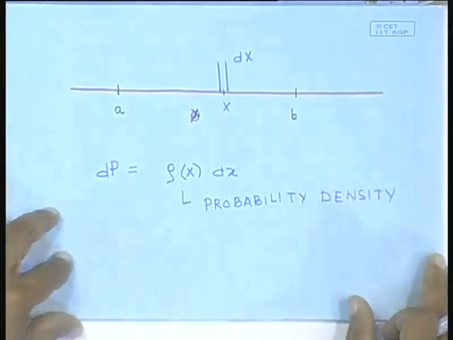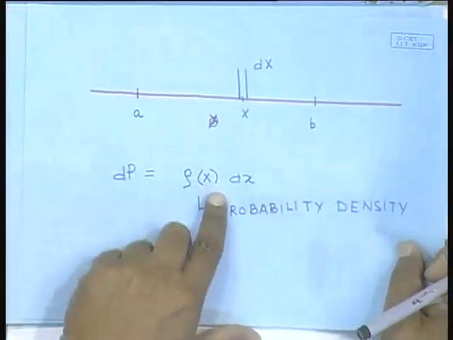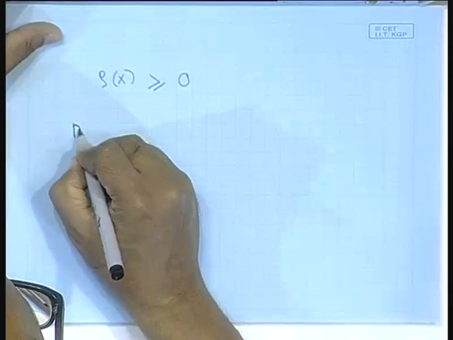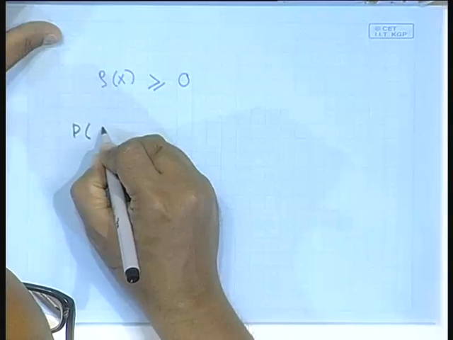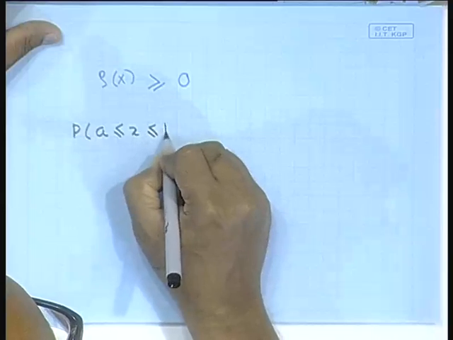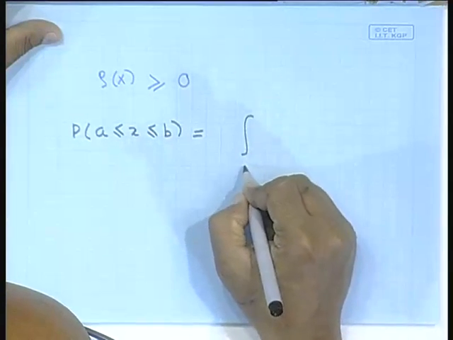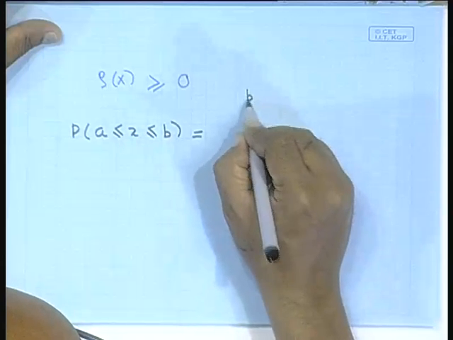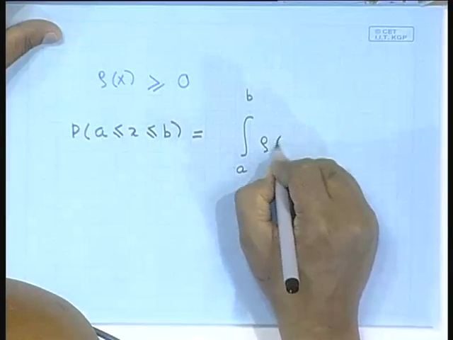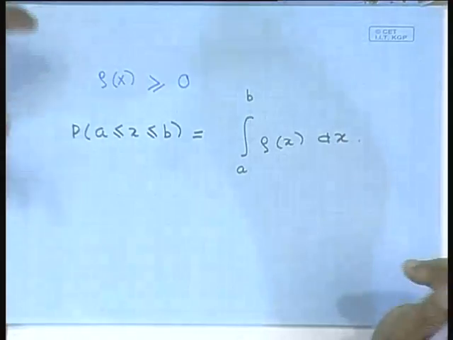This can be calculated by integrating. So, the probability of getting a value of x in the range a to b is the integral of the probability density between the limits a to b.